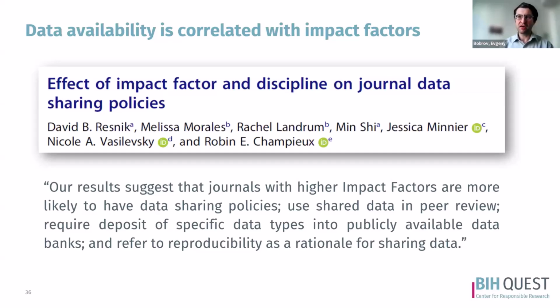So the journals with high impact factors have been found to have more often data sharing policies, to have more articles with shared data and more often conduct data peer review. And of course, I think it is obvious that these journals also have more resources to conduct these things. I'm aware of that, but I wanted to mention this finding as well.